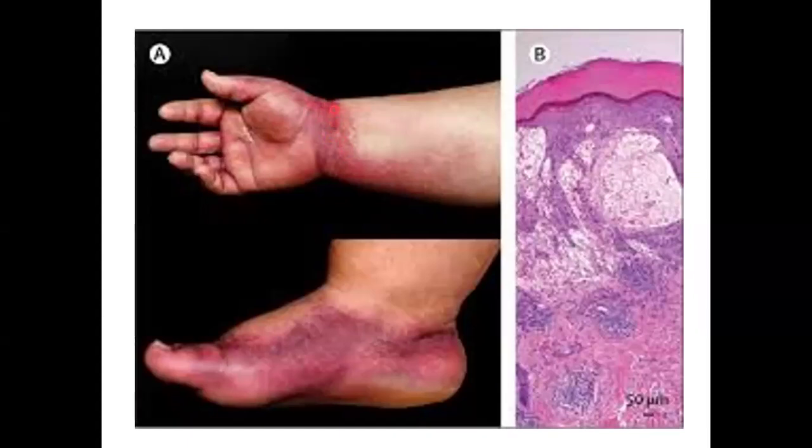When multiple of them form is when you'll get this margination. Are you seeing this line of margination? That is due to the multiple petechiae and purpura. Can you see this well marginated line? Okay. So patients will tell you it's usually painful or itchy or there's a burning sensation here.